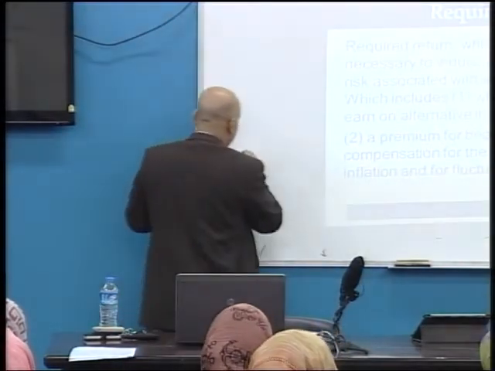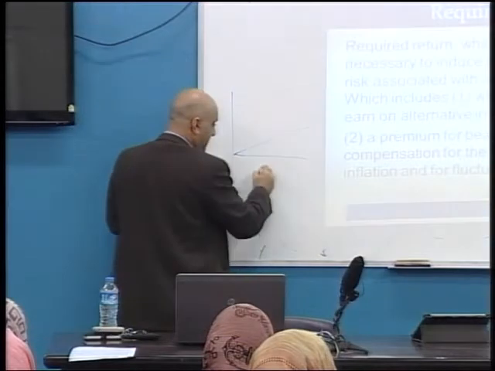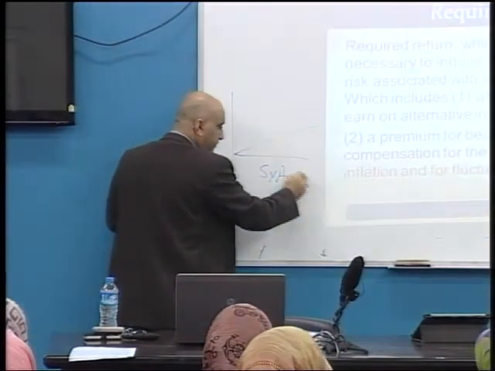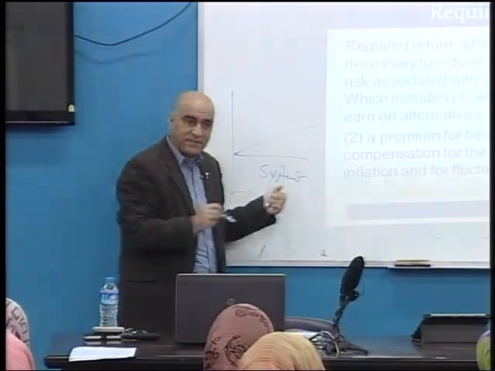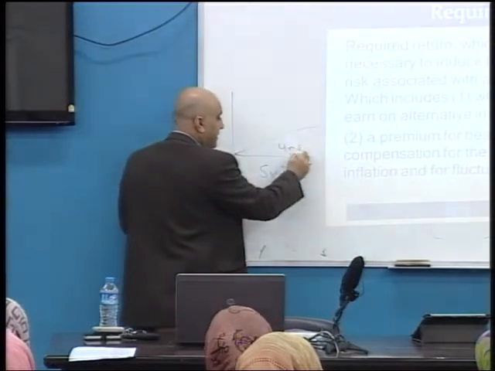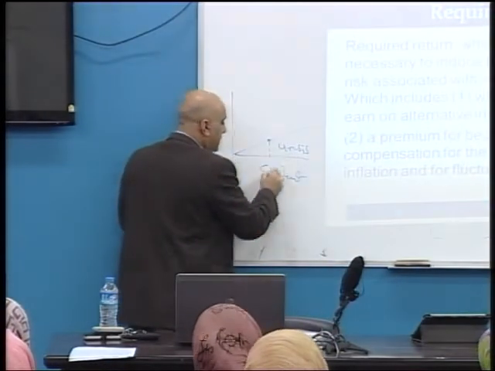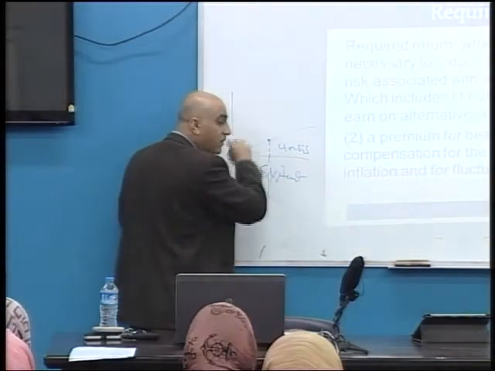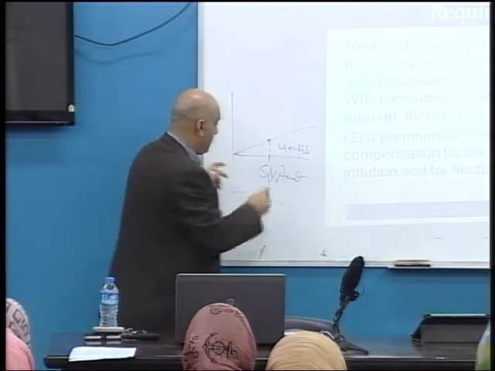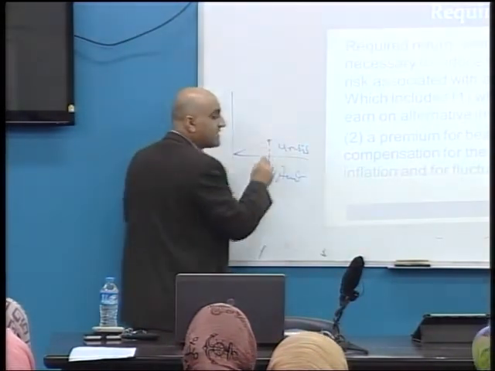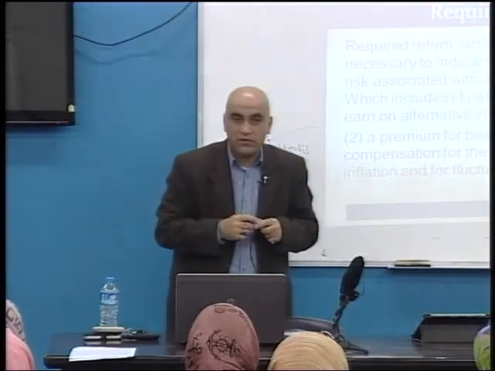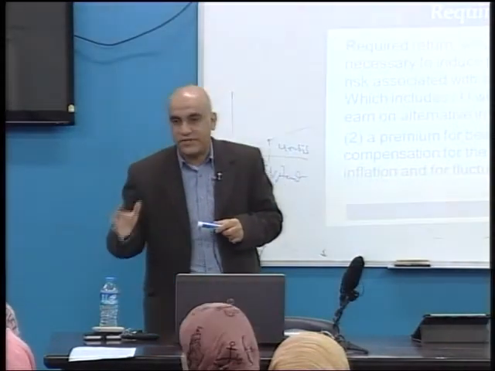If we go back to this, we know this is the systematic risk, and we will explain what it means, and this is unsystematic risk. The systematic risk influences all of the securities, but the unsystematic risk is a standalone risk or firm-based risk related to the company.